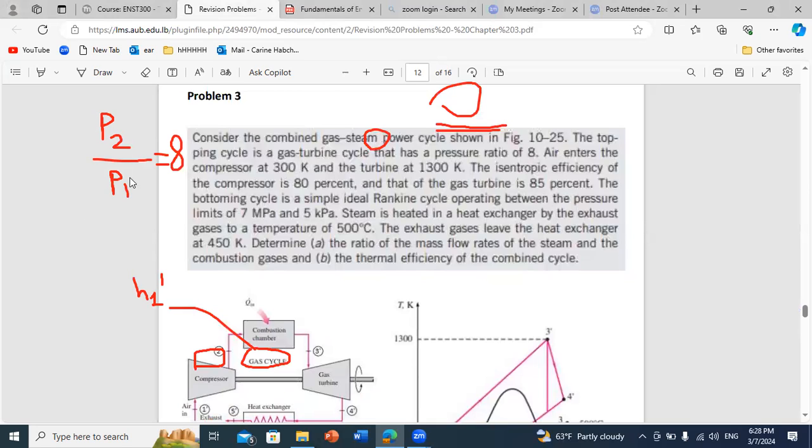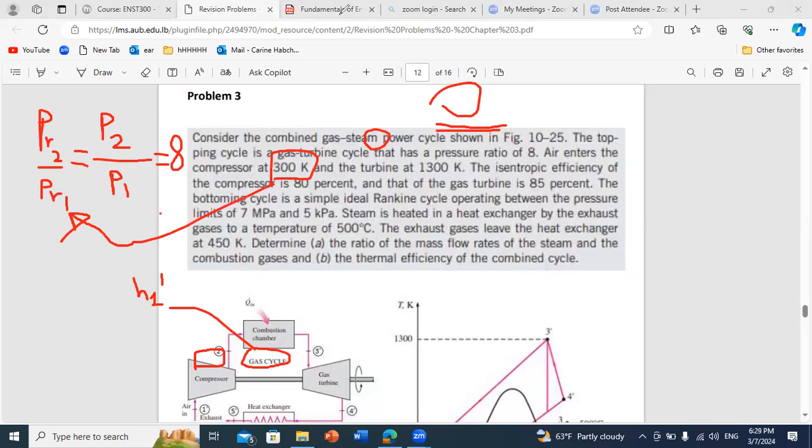Because once you put P2 over P1 equal to 8, and as we said, it's equal for an isentropic process to PR2 over PR1. Now, from your tables, you can get PR1, because since you know the inlet temperature T1, the table will give you PR1, okay?